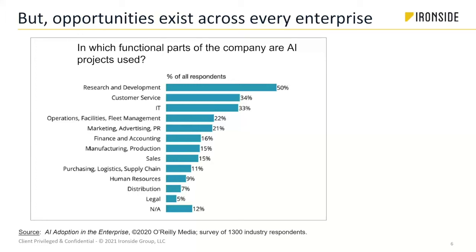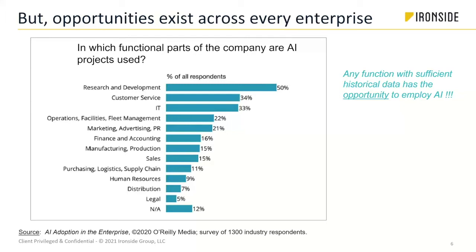So research and development, not surprising. But below that, what you see is every functional area that exists in any organization, whether you're a services-based organization or a product-based organization. These are all functions that exist for the most part in your organization. Some of them are customer-facing, some of them are more back office and very operational, but those opportunities clearly exist everywhere. You can see that they're being deployed everywhere.